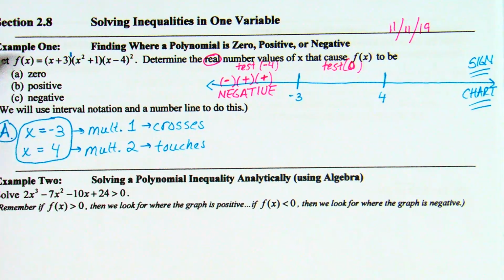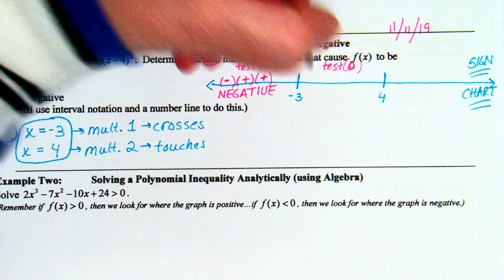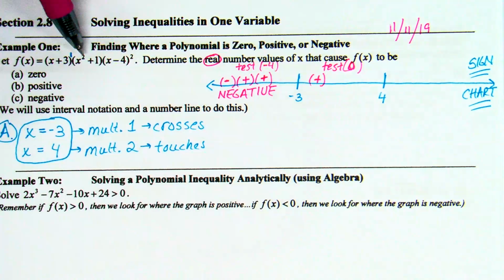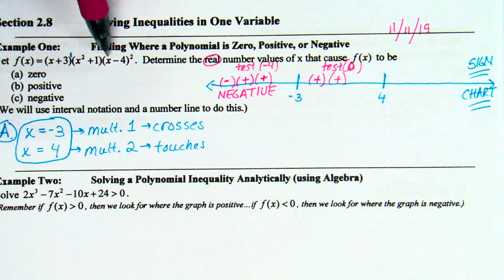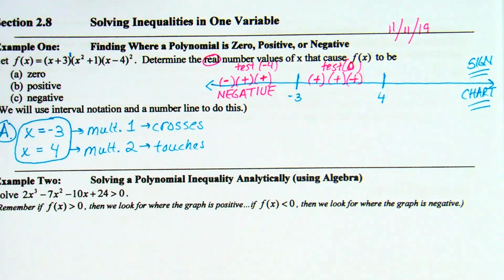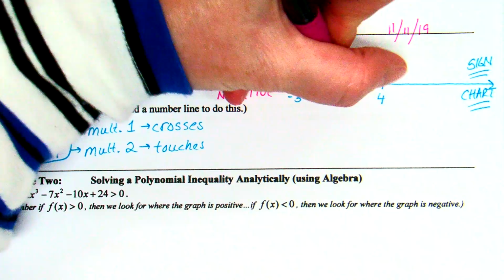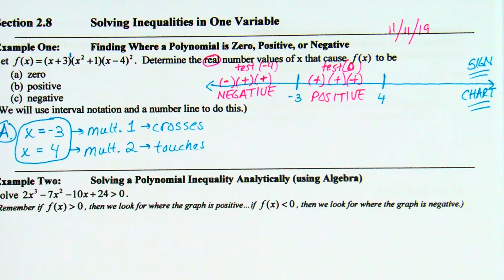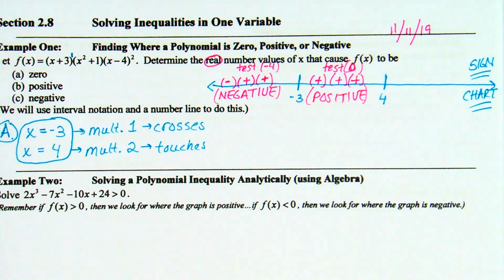So if we put in 0, 0 plus 3 results in a positive. 0 squared plus 1 results in a positive. 0 minus 4 is a negative, but then when you square it, it becomes a positive. What's positive times positive times positive? Positive. So my graph between negative 3 and 4 is going to be positive, meaning it's going to be above the x-axis.